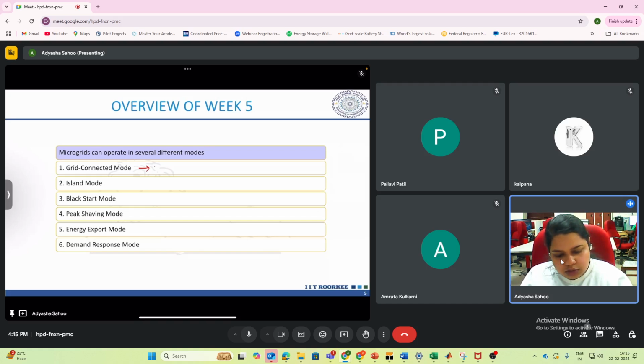So in the grid connected mode, the microgrids can or cannot have BESS because the fluctuations in the frequency, the voltage, basically the fluctuations in the active power mismatch and the reactive power mismatch can be readily accommodated or absorbed by the main grid. So you don't necessarily need to install a BESS in the grid connected mode because there you have the support of the main grid.